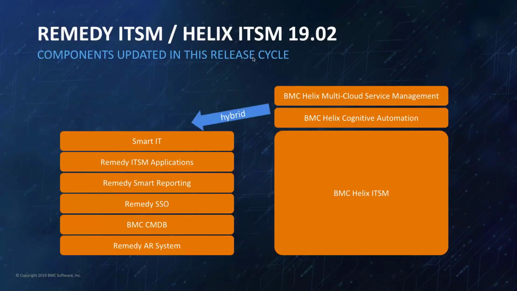And as the slide shows, these add-on modules can be used in combination with on-premise deployment here. So again, we use Remedy for the on-premise deployments and BMC Helix ITSM for the SaaS deployments.